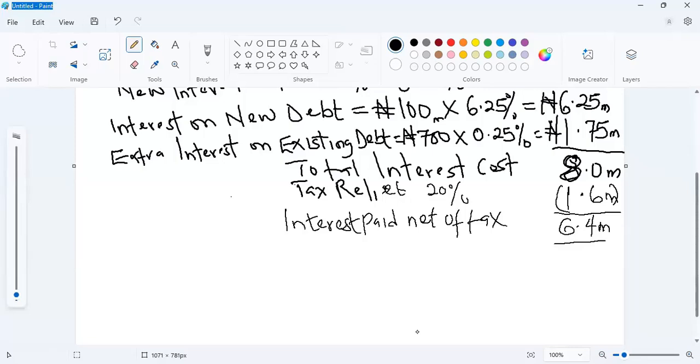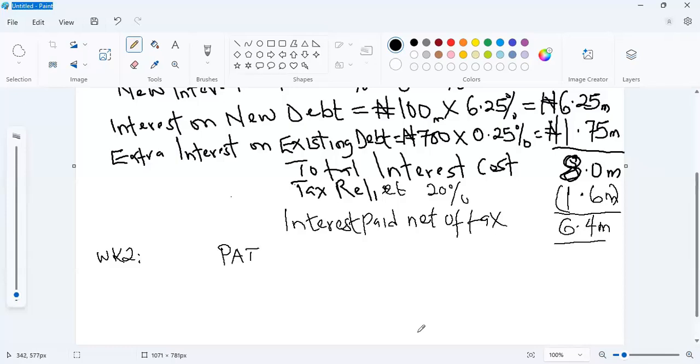Now, what will this affect in our financial statement? What are the components of financial statements that will be affected by interest paid? Look at it, please. I'll move to working 2 here. You have profit after tax.